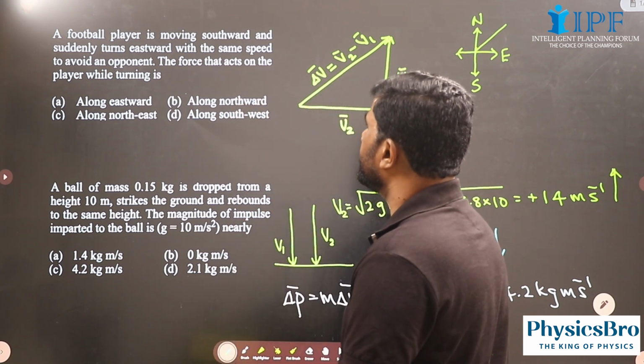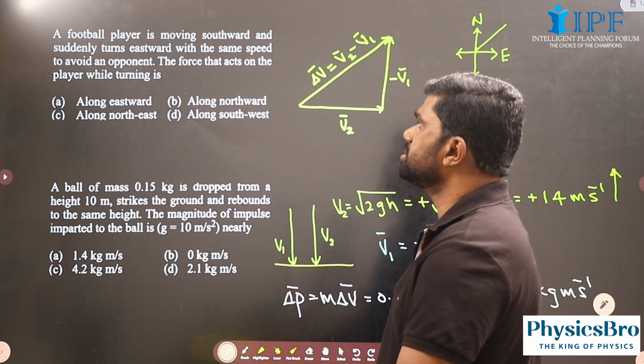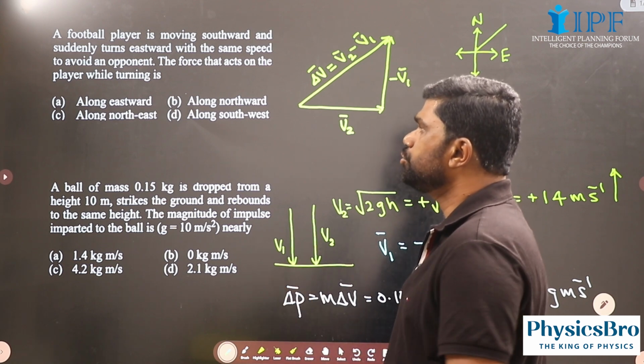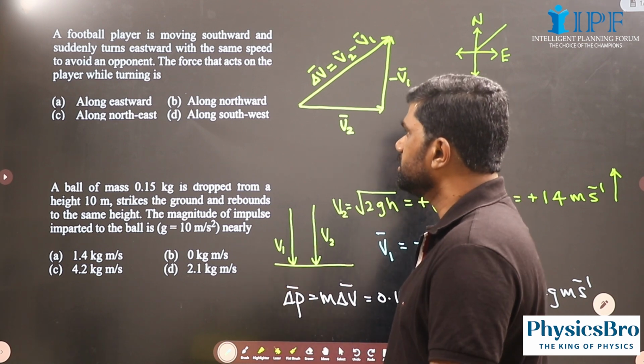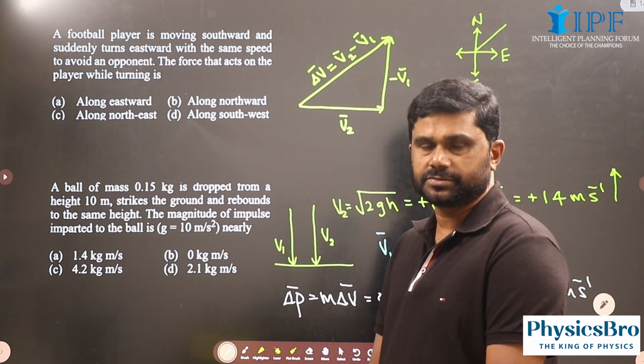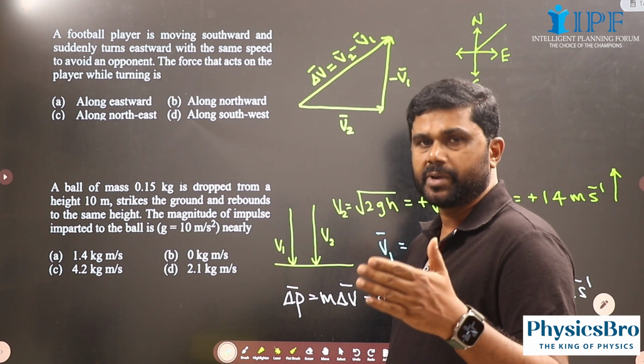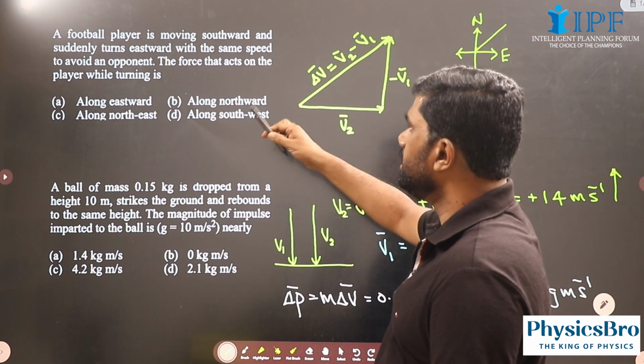First, a football player is moving southward and suddenly turns east with the same speed to avoid an opponent. The force that acts on the player while turning is... See, acceleration is final velocity minus initial velocity.